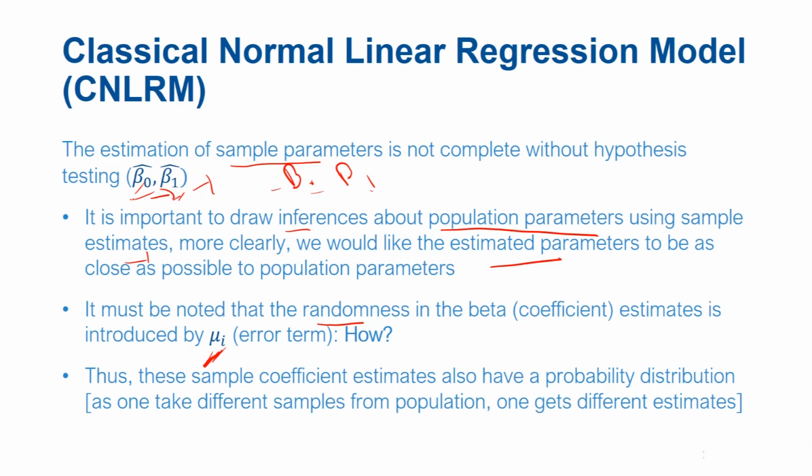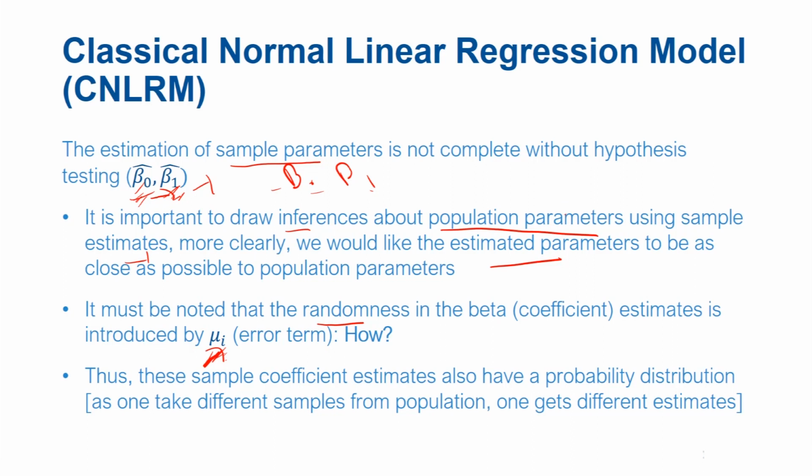Every time you change the sample, you will obtain different beta naught hat and beta 1 hat. Please note, because this randomness is introduced by the error term, the sample coefficient estimates, that is beta naught hat and beta 1 hat, will also have a probability distribution. And this probability distribution will be similar to that of the error term because the randomness is introduced by the error term itself.